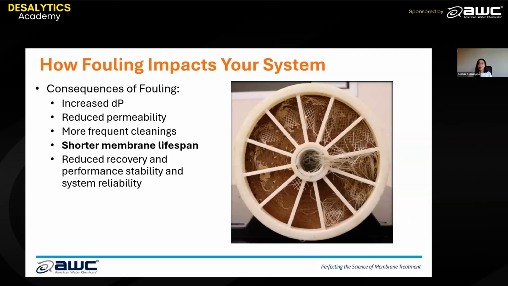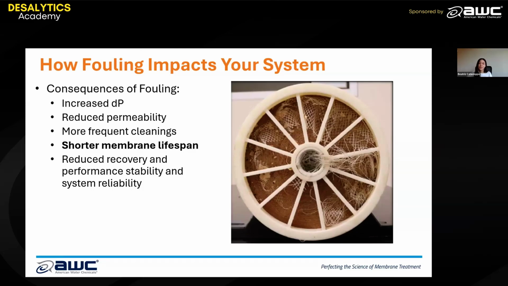This damage can actually be a lot more severe than you would think. Right here, I'm showing you an example of a plant that suffered from severe biofouling, and they had a very high differential pressure for a long time. And what the differential pressure really means is pressure loss, but the membrane's absorbing that pressure. Eventually, after running it at a high DP for a long enough period of time, the feed spacers started being pushed through the membrane.